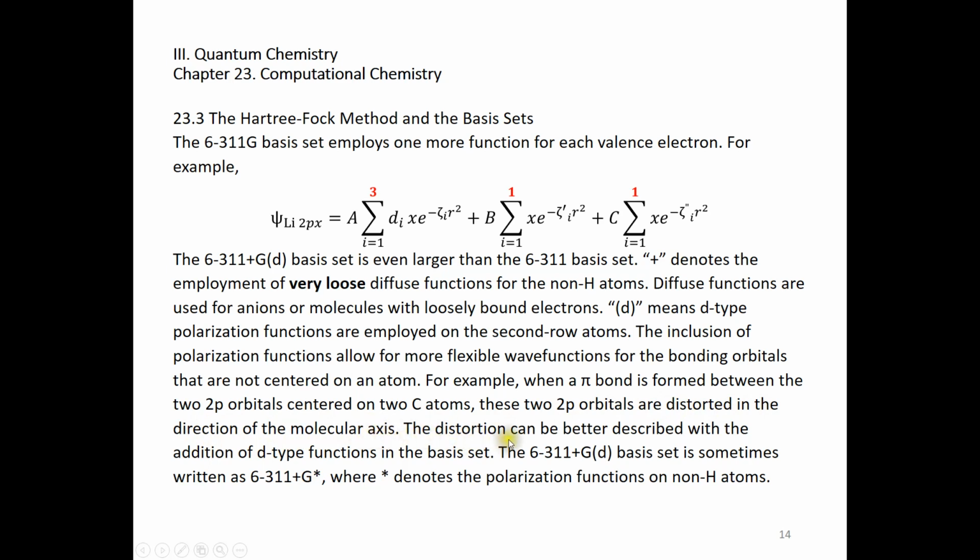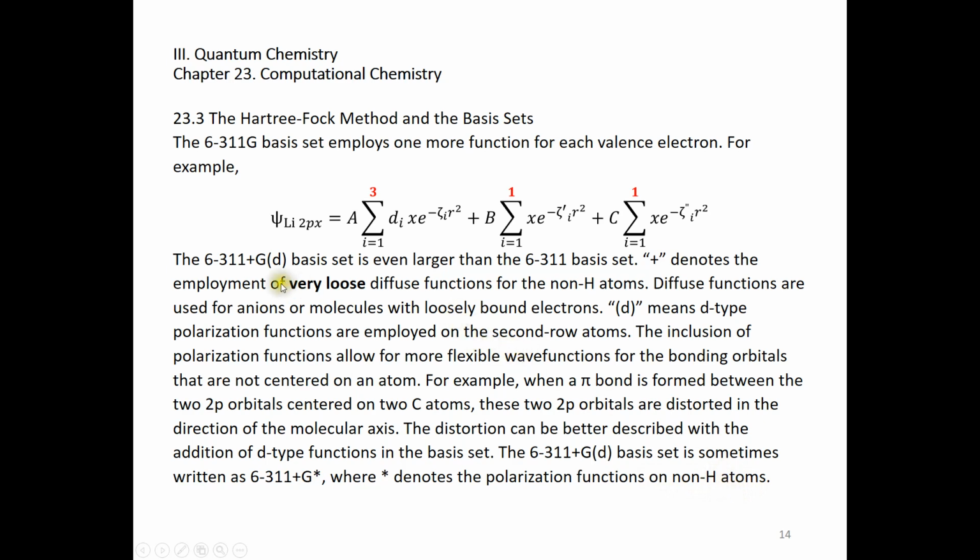Now this distortion can be better described with the addition of D-type functions. So they look like D orbitals in the basis set. So this 6-311+GD basis set is sometimes also written as 6-311+G star. It's just by convention. This star means just D polarization functions on non-hydrogen atoms.